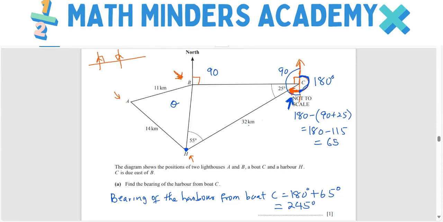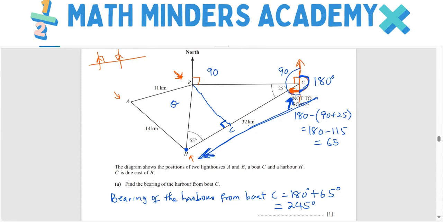So when boat C is traveling down to the harbor, it's following this line. At some point, boat C is going to be around here. Now, it will be the shortest distance when the line here is at 90 degrees to the path that the boat is following towards the harbor.